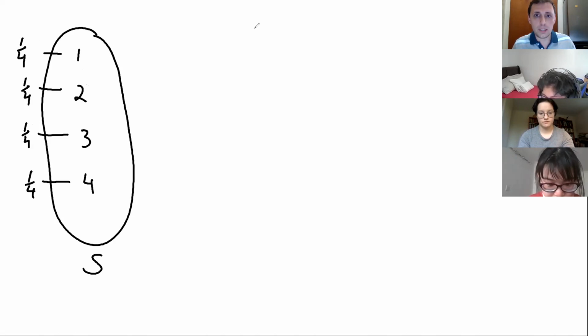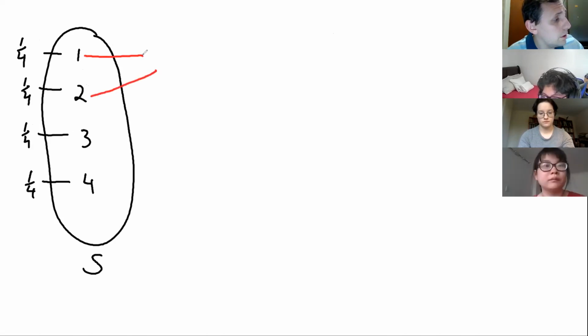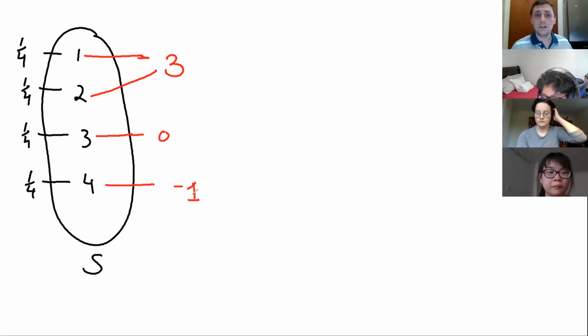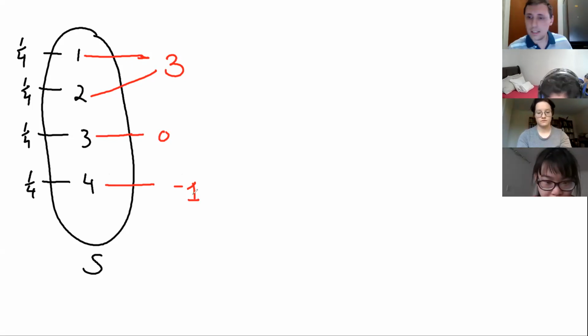Let's say in the example that I just came up with, outcomes 1 and 2 were designated with the payment 3. Outcome 3 was designated with payment 0 and outcome 4 was designated with the payment -1, I believe. Good. That is an example that I got.